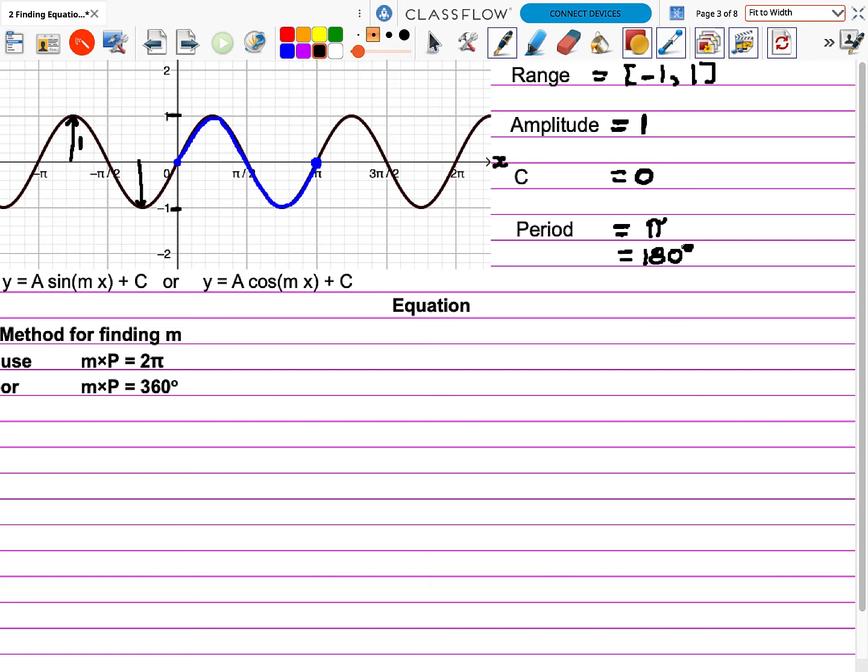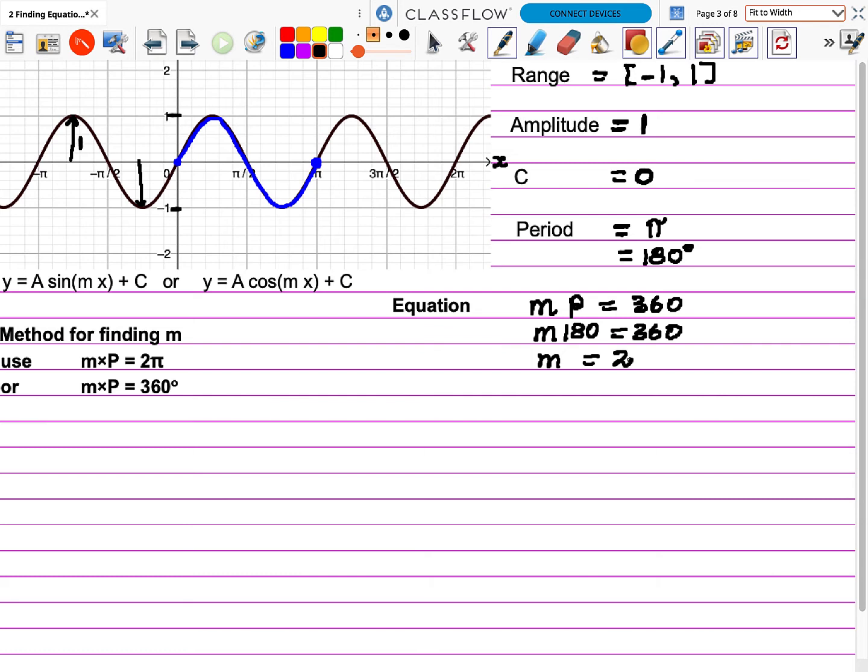I now need to work out the equation of my graph. And before I can work out the equation of my graph, I need to work out the value of m. So from memory, I quote the formula m times period is equal to 360 degrees. I substitute my value for period in, which is 180. I now divide both sides by 180 and get m equals 2.